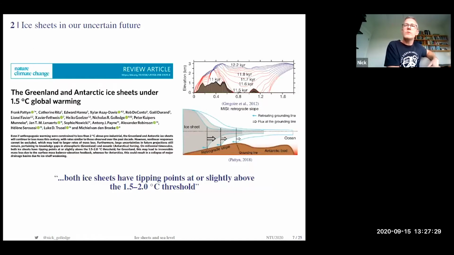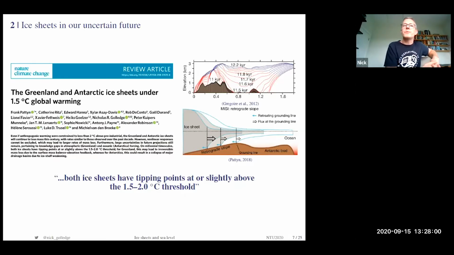How do we get there, and what does this mean for the ice sheets? Well, one of the things that's come out of the last decade or so of ice sheet research is that ice sheets are remarkably sensitive to even small changes in temperature. We used to think ice sheets were pretty inert, immobile, slowly responding to climate changes, but actually they can respond pretty quickly, and in a large magnitude sense over a long period of time as well.